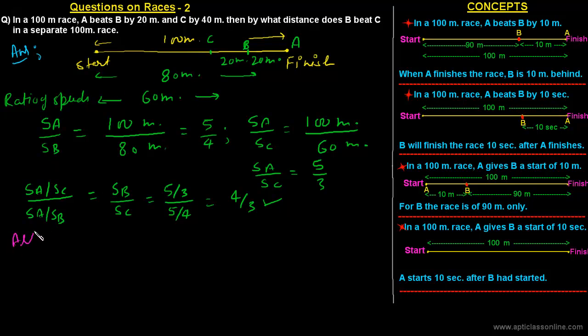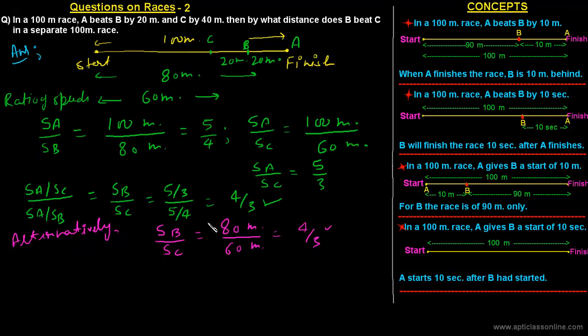So alternatively, we can say that SB by SC directly: when B has traveled 80 meter, in the same time C has traveled only 60 meter, that means 4 by 3, the same result.